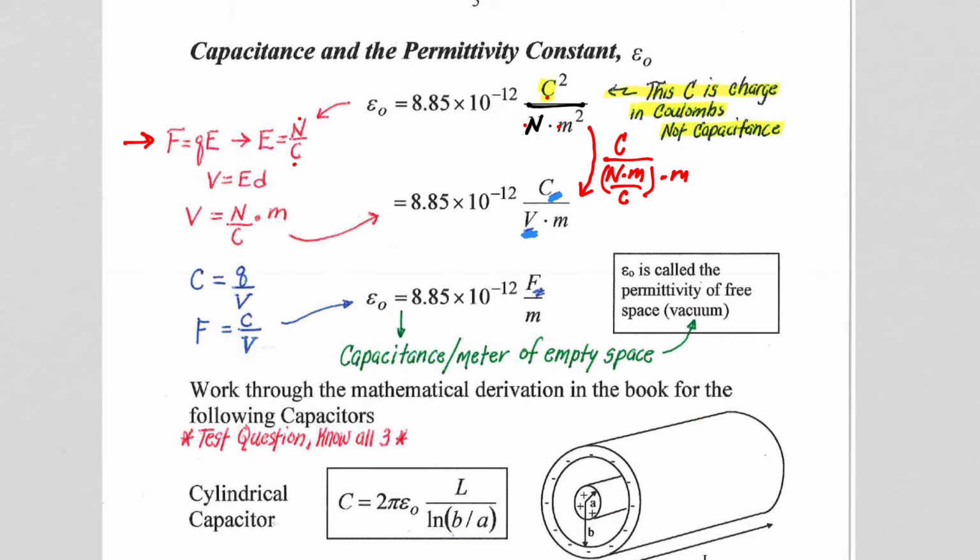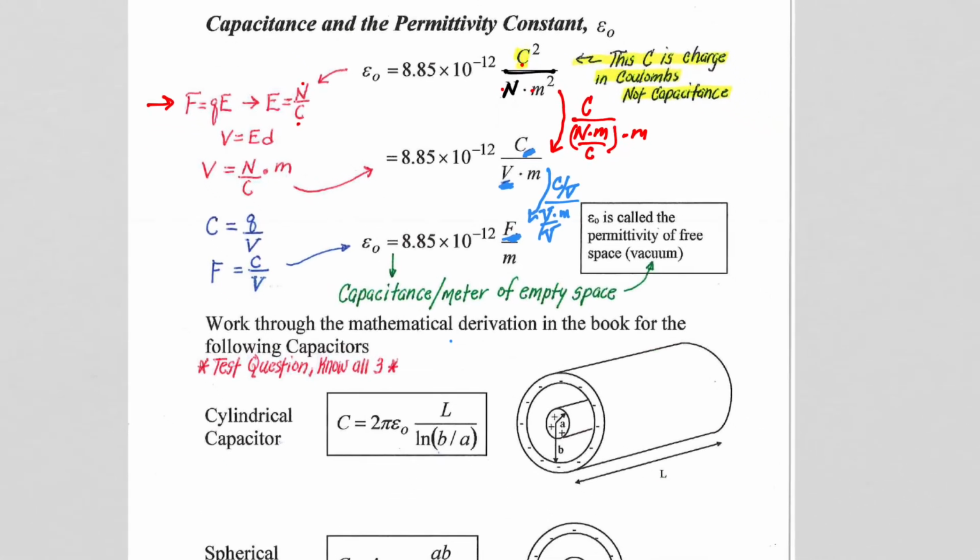So to go from here to here, all we are noting is that we will have coulombs per volt, which is a farad, divided by volt meters, but volts on volts. So we lose the volts on volts, and a coulomb per volt is our farad. So farads per meter. Kind of cool.